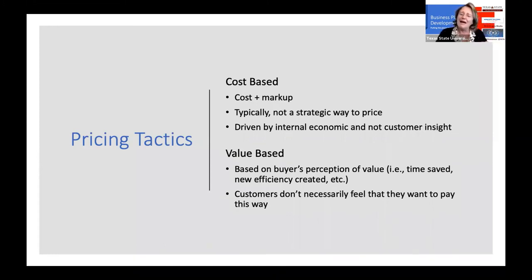Customers, when you ask them, they're not going to tell you, I want to pay this much money because this is the value I get. They may not realize that that's how they do make those decisions, that they're not thinking about the value that they're getting, and they might use other terms to talk about it. They might talk about, oh, well, I went to a restaurant, for example, and the service was really bad, so I don't want to go back there.